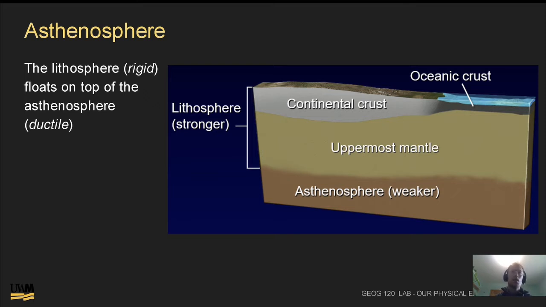So the lithosphere is strong. Asthenosphere actually means less strong. It's weaker. It's more easily flowing, so it's able to move and deform.